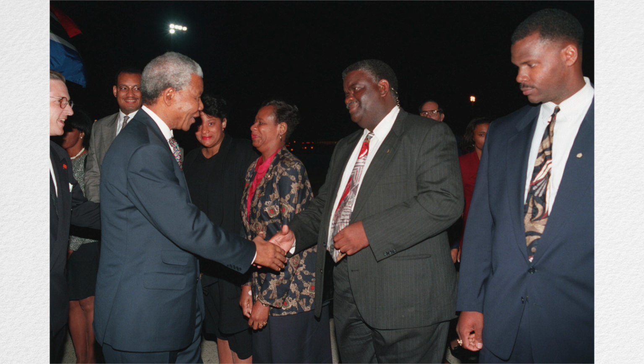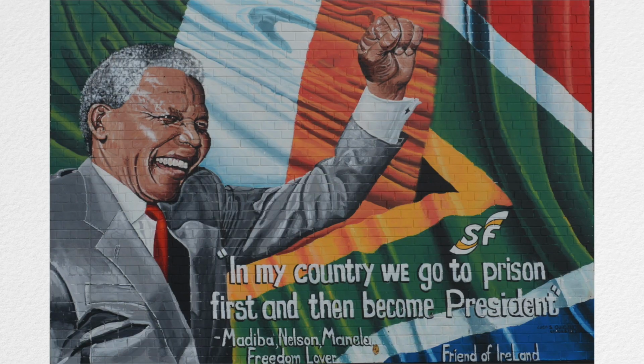In 1993, there was an agreement on an interim constitution. And in 1994, there was democracy. So Nelson Mandela's ANC party won the first democratic elections. And in 1996, the Truth and Reconciliation Commission, chaired by Archbishop Desmond Tutu, began its hearings.